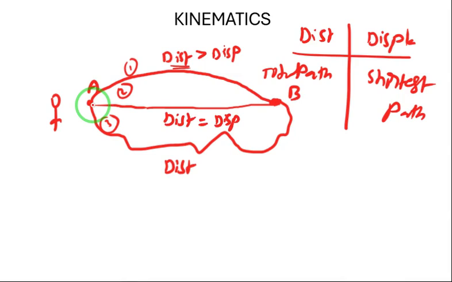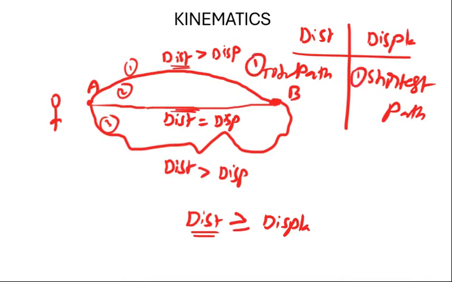In this case, distance is greater than displacement. What can we say based on this? One equation we can get: distance is greater than or equal to displacement. Okay. Distance is always greater than displacement, and at this point it is equal to displacement.